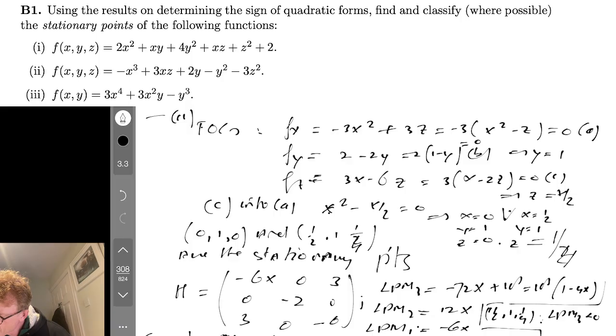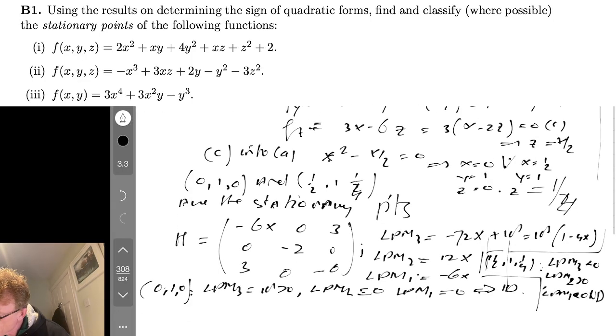LPM 2 is bigger than 0, and LPM 1 is less than 0. So that means negative definite, and so that means that we have a maximum.